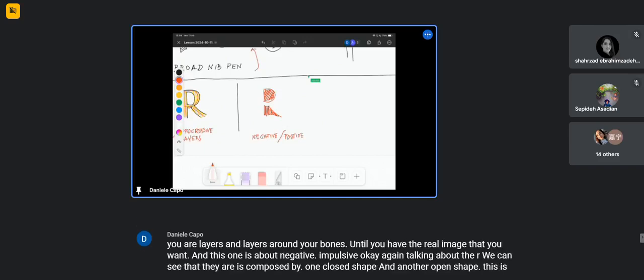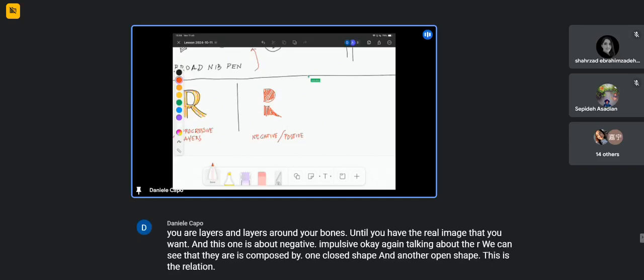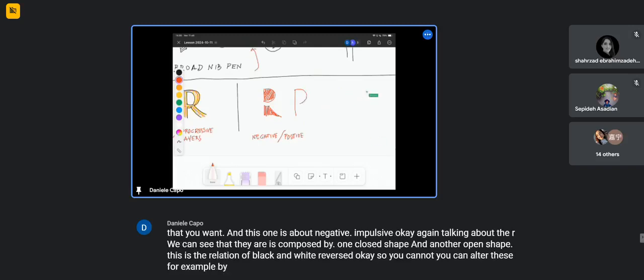This is the relation of black and white, reversed, okay? So you can alter this, for example, by collapsing the two shapes.